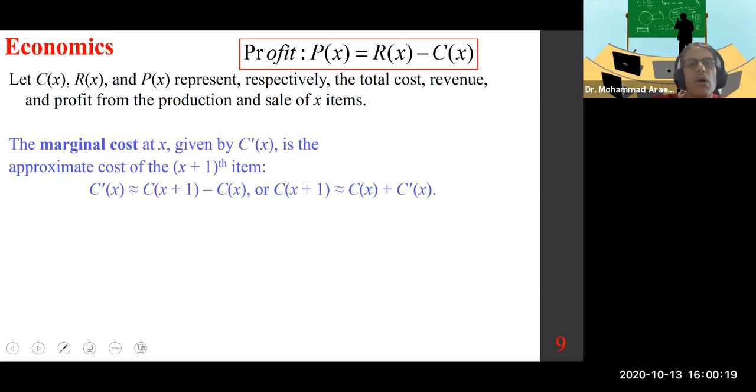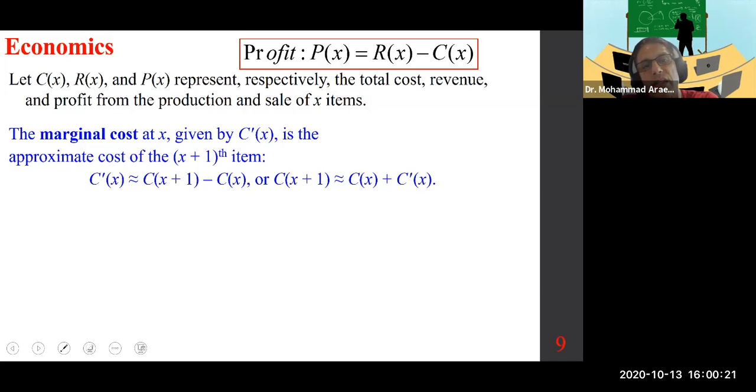The marginal cost at x is given by C prime of x. When we say marginal cost or marginal revenue or marginal profit, we mean differentiate. That's what it means. It is the approximate cost of the x plus first item.